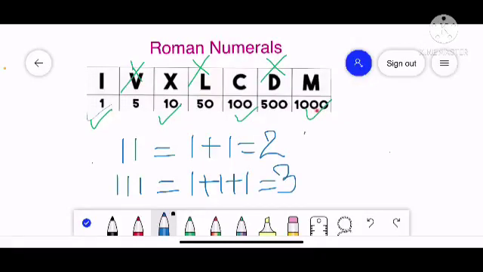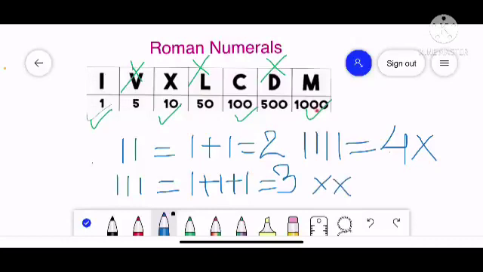But we cannot write I 4 times. It is wrong. We can repeat I, X, C and M only 3 times, not more than that. Similarly, we can repeat X and X, that is 20. So children, we are going to repeat I, X, C and M up to 3 times.